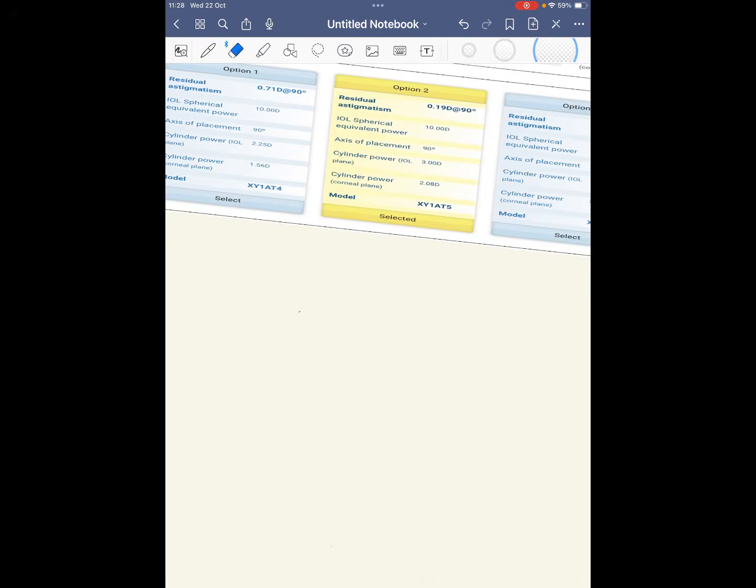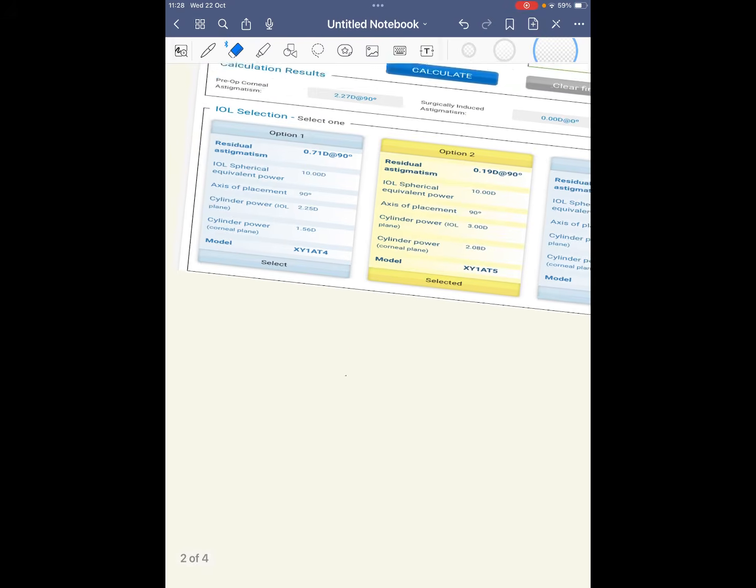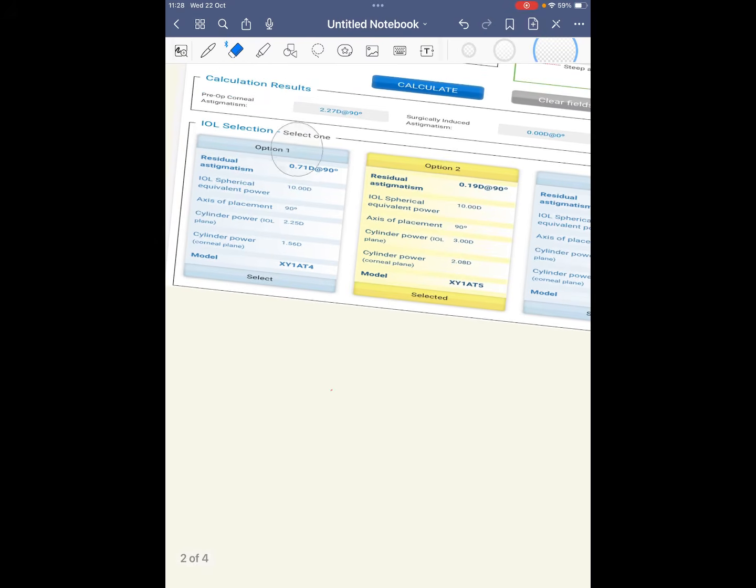So now let's look into these two situations over here. In this company calculator, you have option 1, the surgeon can implant a T4 lens, or the surgeon can also implant a T5 lens. Of course, the residual astigmatism will change accordingly, right?